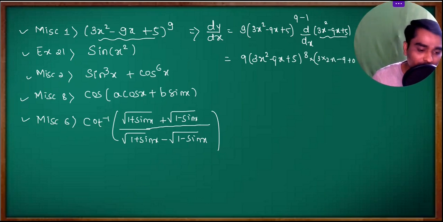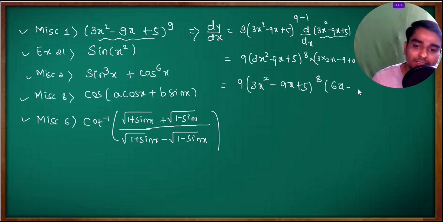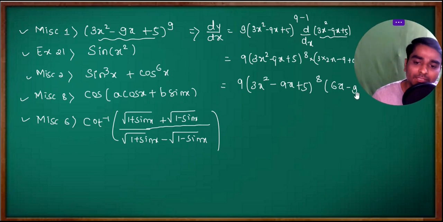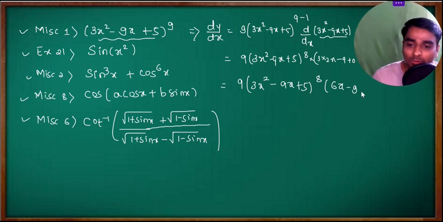So let's put it together now. That is 9 into 3x square minus 9x plus 5 to the power 8 into, here 3 into 2, 6x minus 9. That's the answer. Hope it is clear.